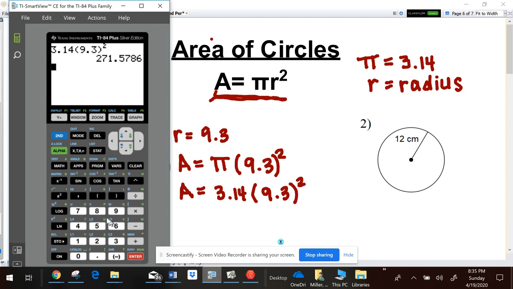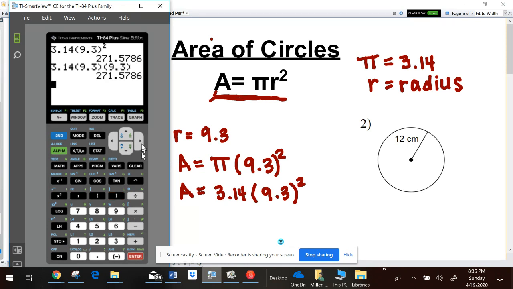Now let's pretend for a minute that we didn't have a square button. So you could also enter it in the calculator like this. Squaring means that we're just going to multiply 9.3 times 9.3. So this 3.14 times 9.3 times 9.3 equals the same as 3.14 times 9.3 squared.